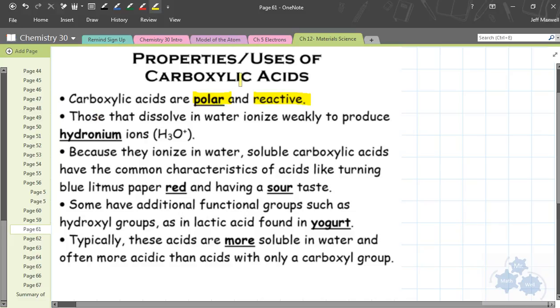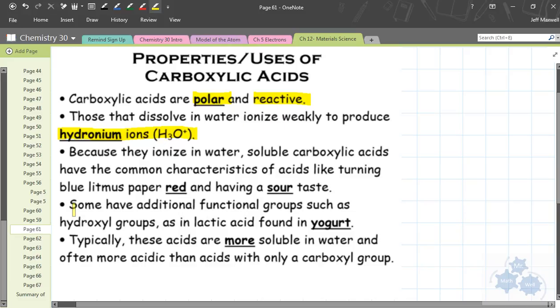Most of these carboxylic acid compounds dissolve in water to produce hydronium, or they release their hydrogen, and that's why most of them are called acids. We'll talk more about this in the acid-base unit, but suffice to say that they make acidic solutions, so they dissolve in water, and they ionize quite readily.